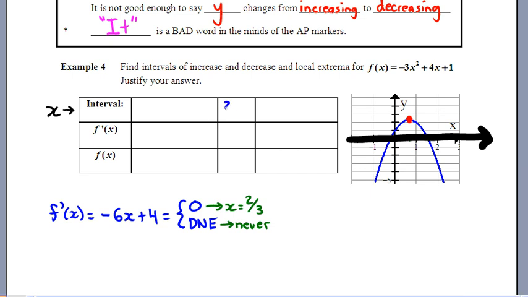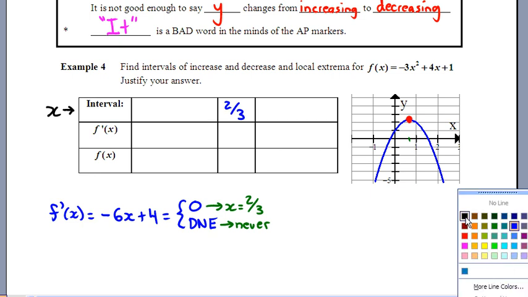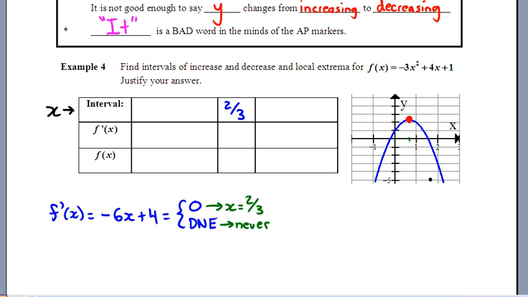I'm going to say 2/3 is a cut for x. There's all of the number line that's happening up until 2/3, and then there's the number line after it.